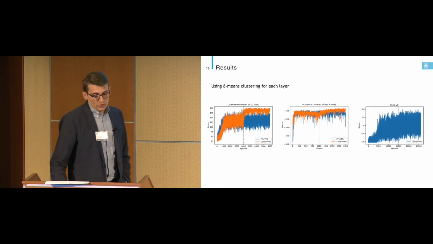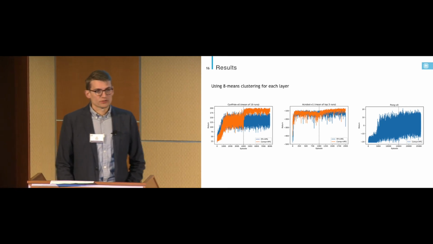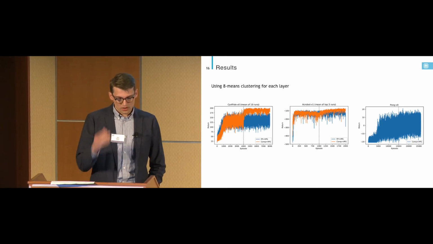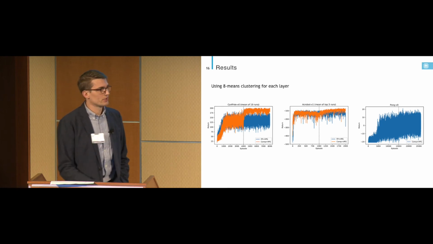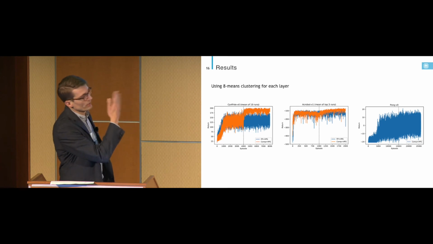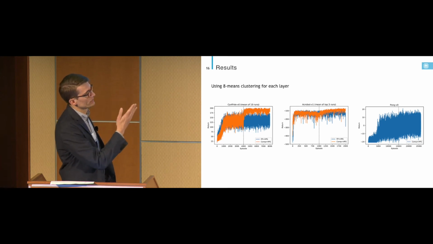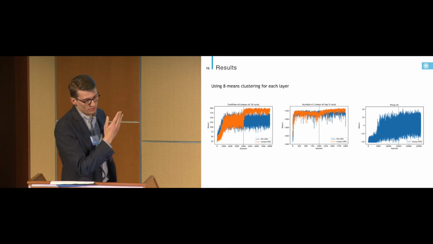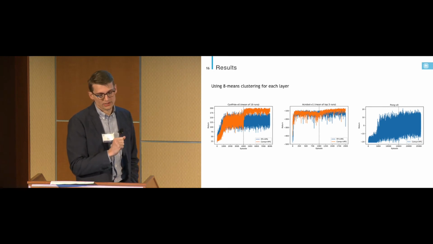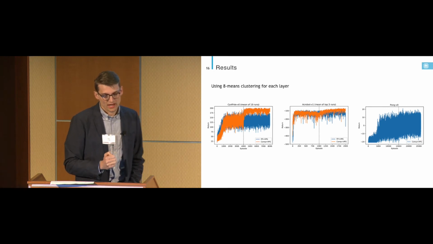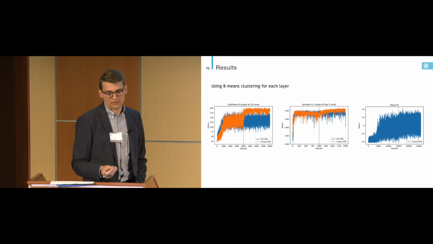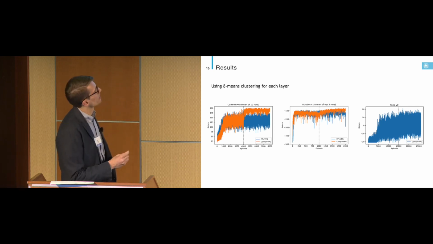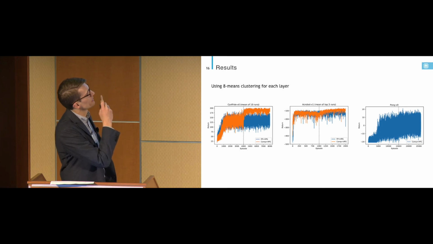And here are our results using 8-means clustering. So again, our hidden layer has 200 units, and then each of the environments has a different number of state observations, so that leads to a different number of weights. But whatever number that is, for each of these tasks, after we perform pruning and clustering, we lock them to 8 possible values for each problem.